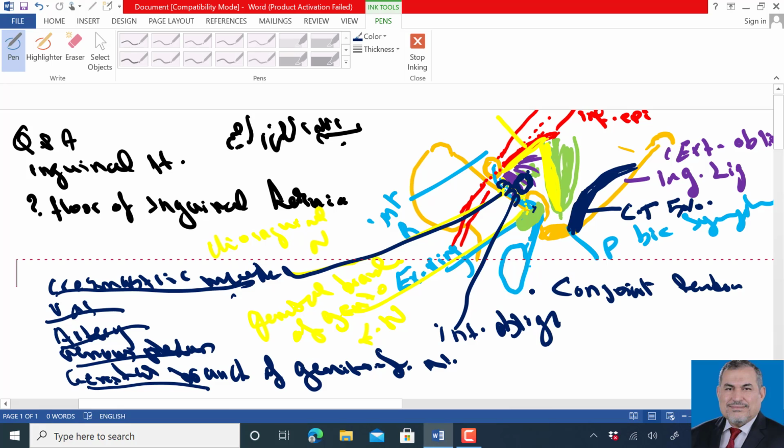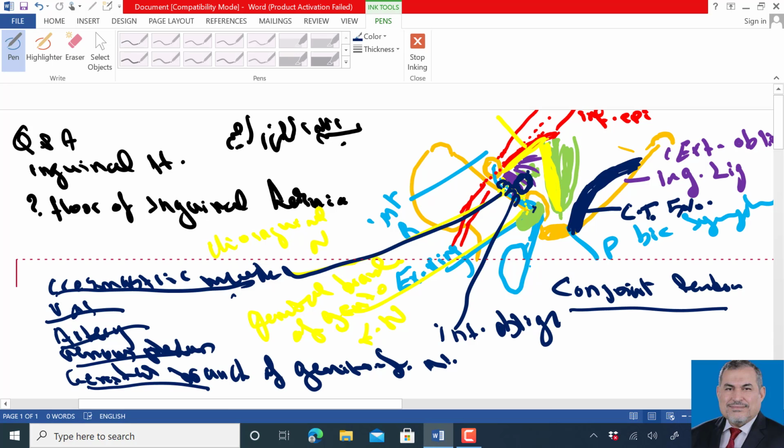What is a true conjoint tendon? True conjoint tendon is tendon from transversus abdominis and internal oblique. Internal oblique aponeurosis joined with the transversus abdominis aponeurosis, and this is present in only 5%.